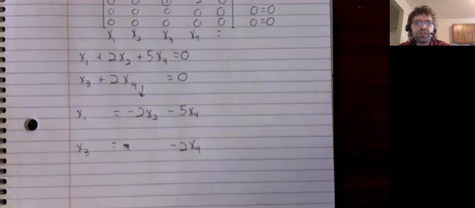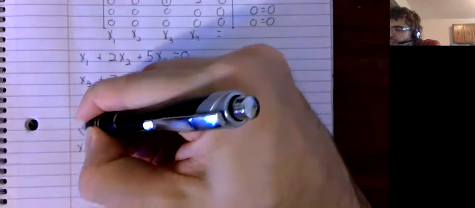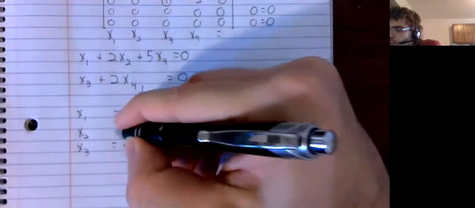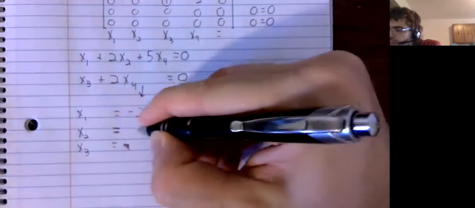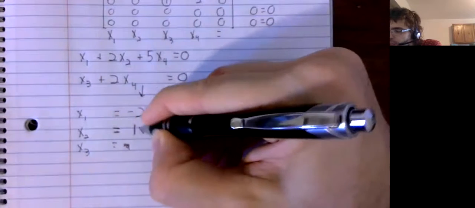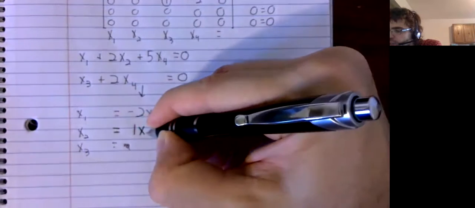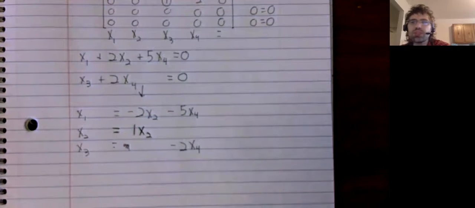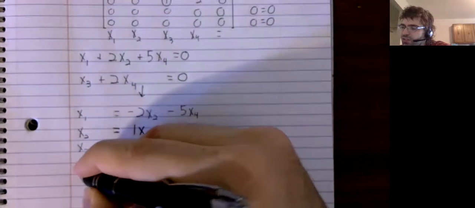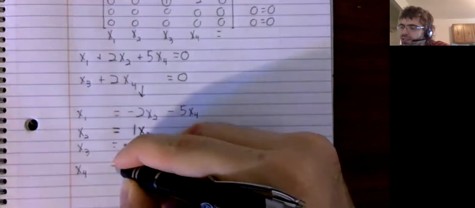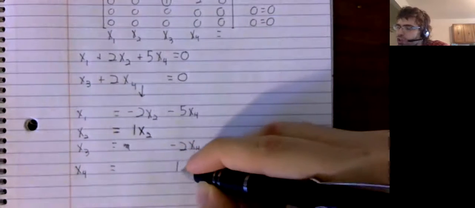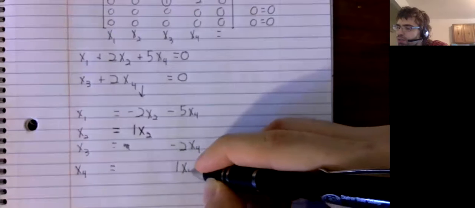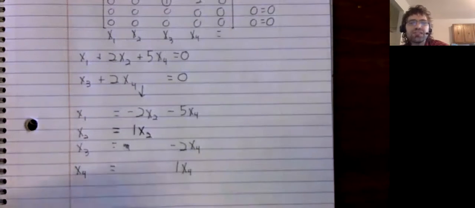And for each of the free variables, we'll now introduce a trivial equation, because we may not know much about the free variables, but at least we know that they're equal to themselves.